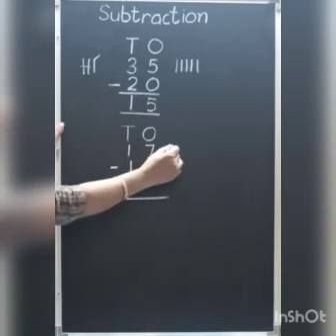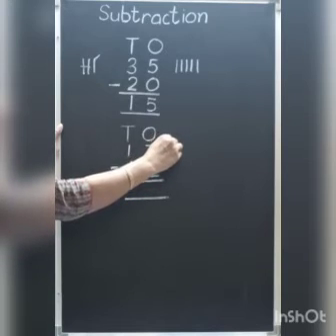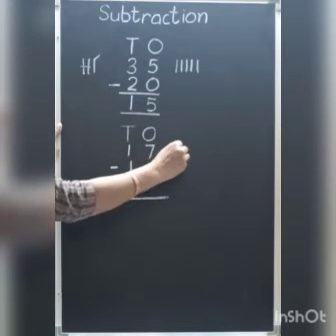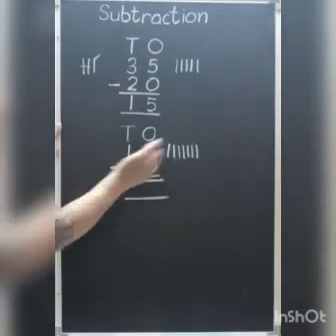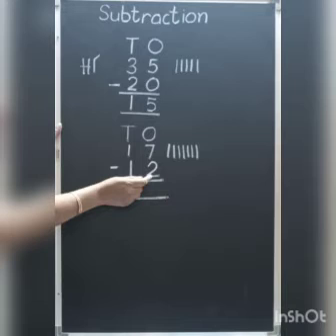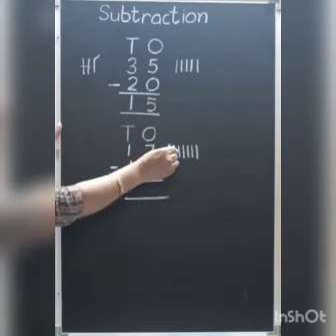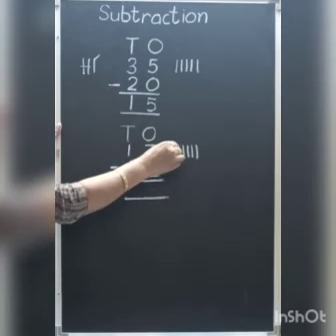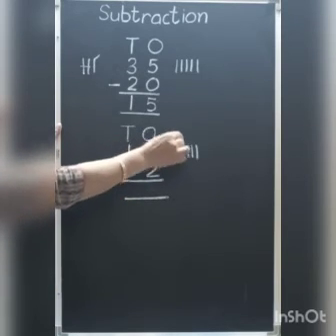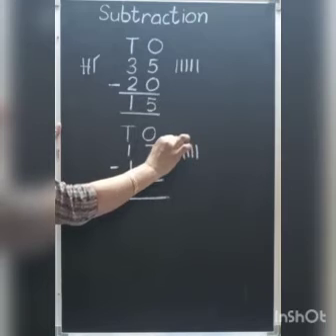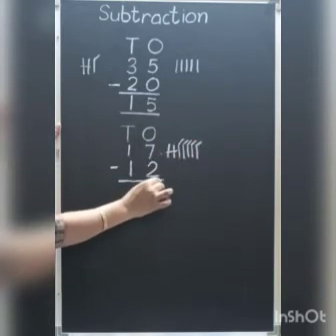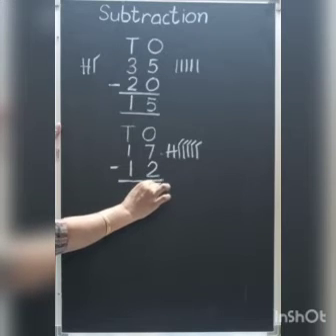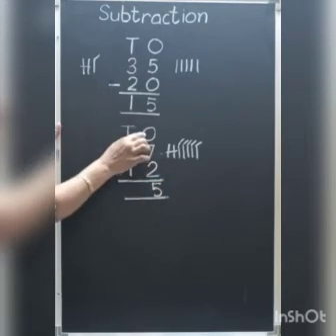So we will need to put 7 strokes here. 1, 2, 3, 4, 5, 6 and 7. Okay. And how many strokes do we need to cut? 2. 1, 2. 2 strokes we will cut. Okay. How many are left? We will count. 1, 2, 3, 4, 5. So the number is 5, and we will write it under the ones column.